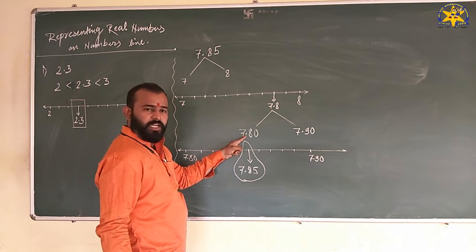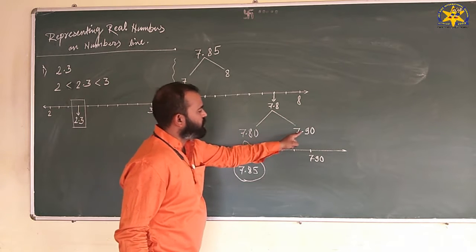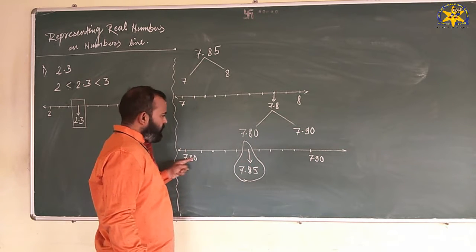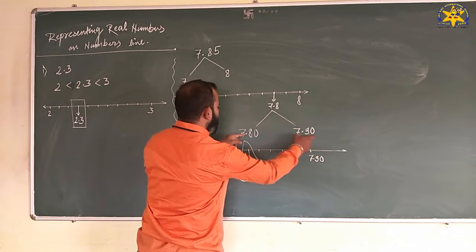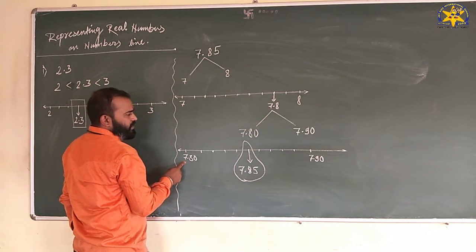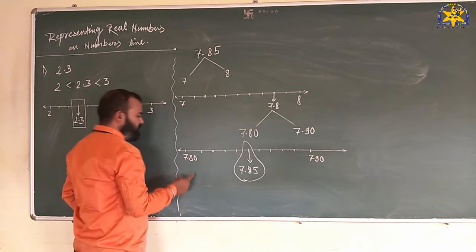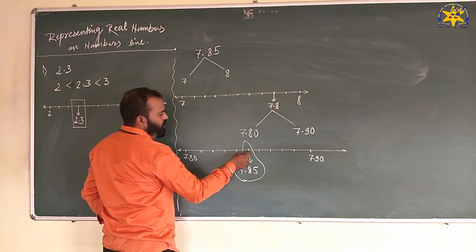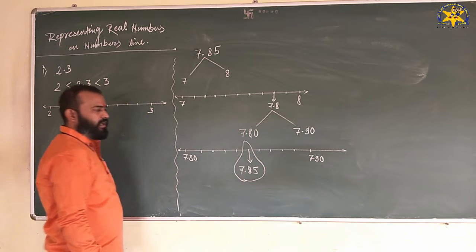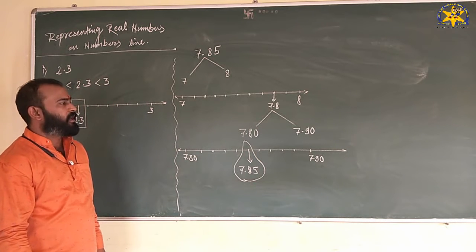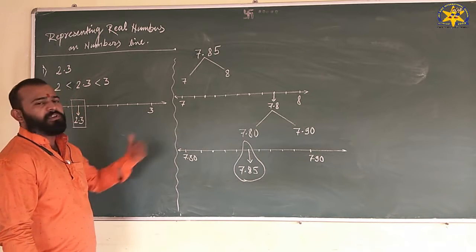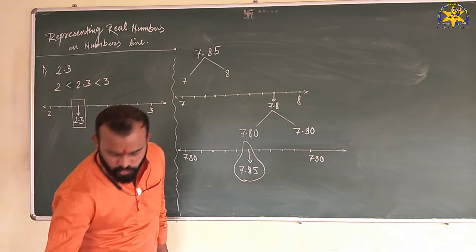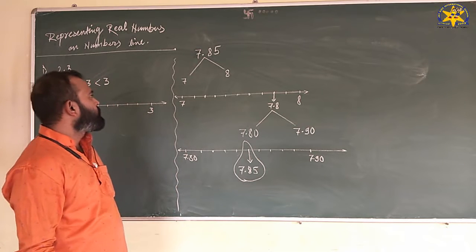So we zoomed it like this. It became 7.80 to 7.90: 81, 82, 83, 84, 85. Means 7.85 will lie here on the number line. So I hope you understand this. Again I will take some more examples to explain.